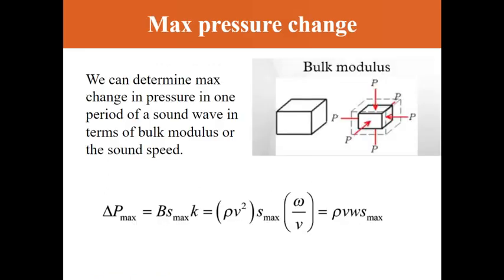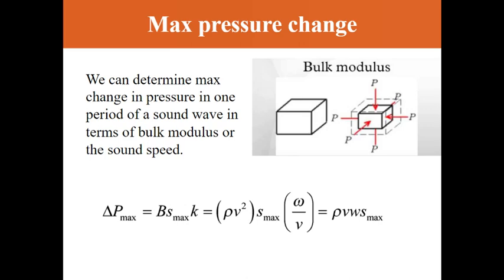So the max change in pressure is actually related to the bulk modulus, which again is a measure of how much stress you can put on a gas before it starts to compress or expand. So there's a relationship between how the gas changes in pressure and its bulk modulus.